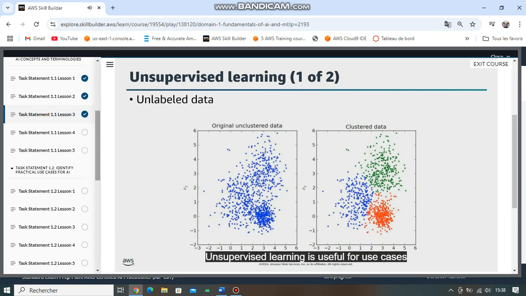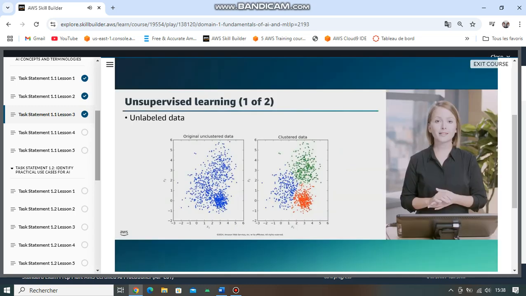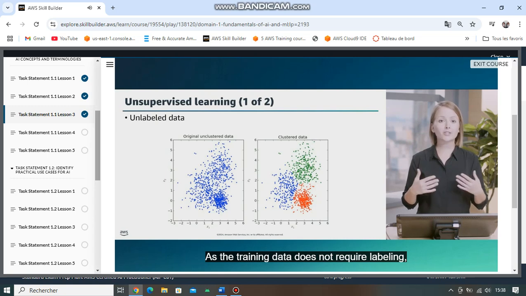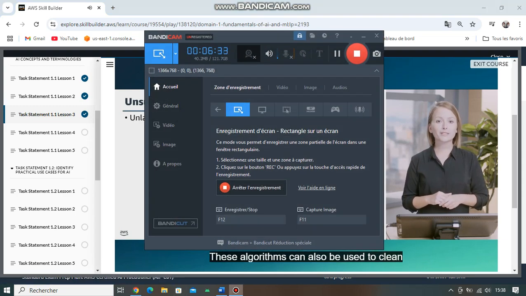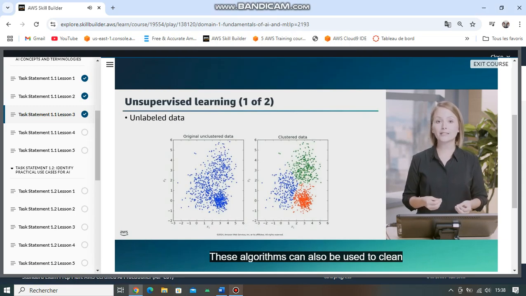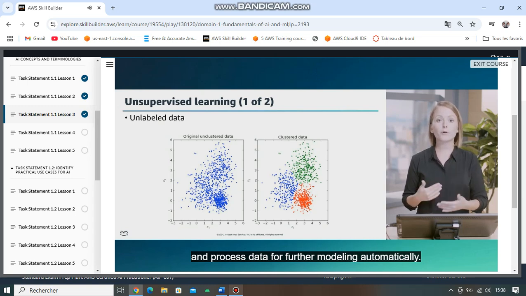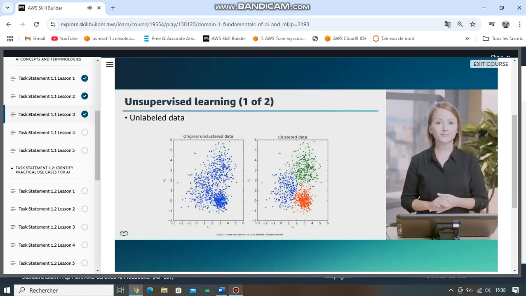Unsupervised learning is useful for use cases such as pattern recognition, anomaly detection, and automatically grouping data into categories. As the training data does not require labeling, setup is straightforward. These algorithms can also be used to clean and process data for further modeling automatically.